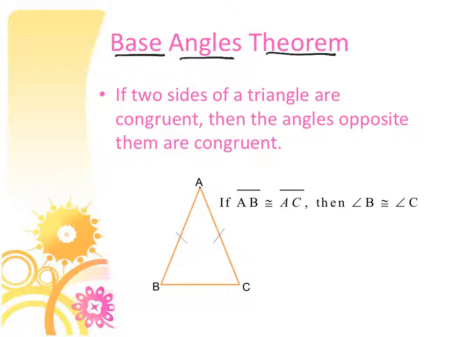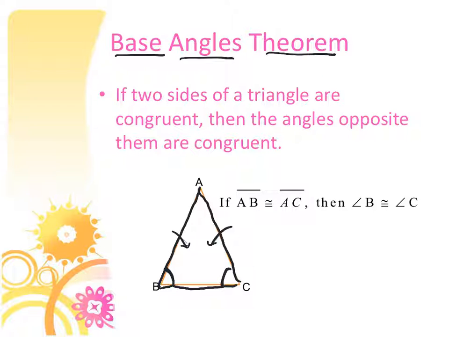Meaning, if you find an isosceles triangle, which this one is, and they say that AB is congruent to AC, then the base angles, you can use arrows pointing to the angles we're talking about. The ones that are touching the base will always, 100% of the time, be congruent to each other.